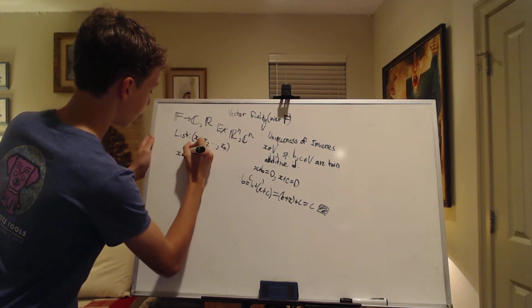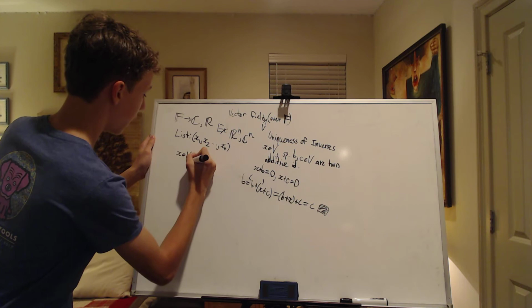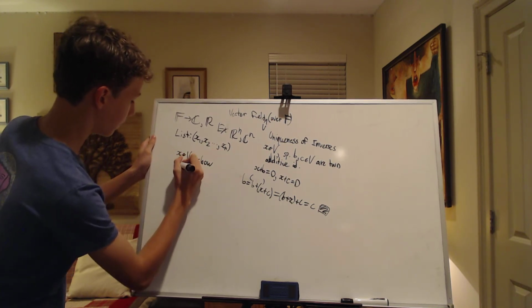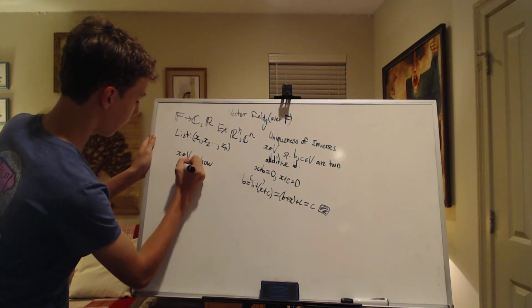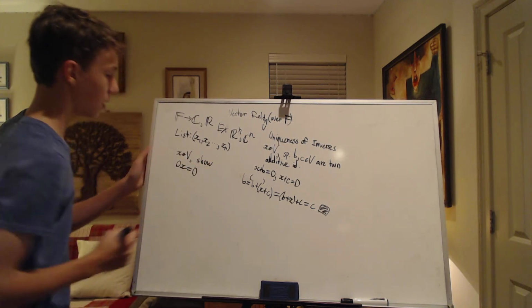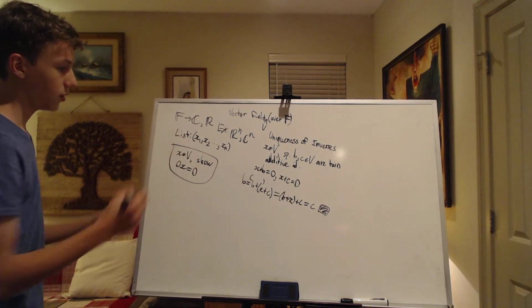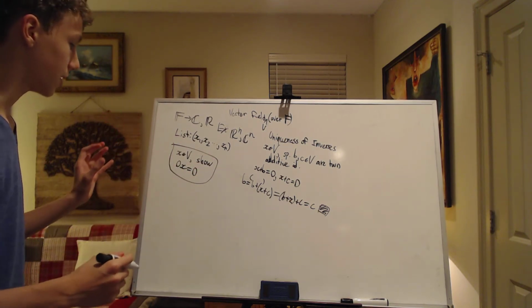Suppose x is in V, then show that 0x equals 0. This is actually a good example because it illustrates my point here of abstractness.